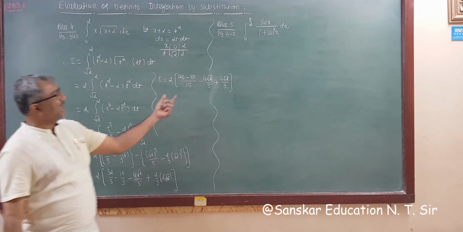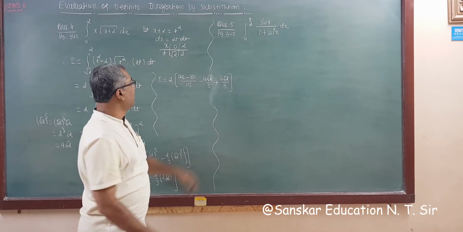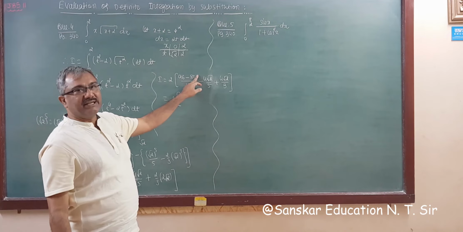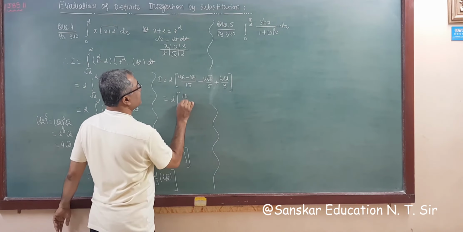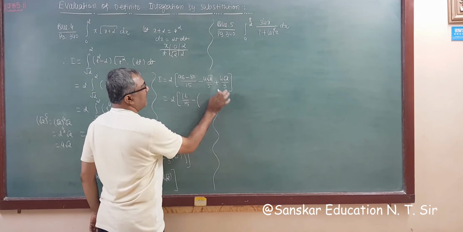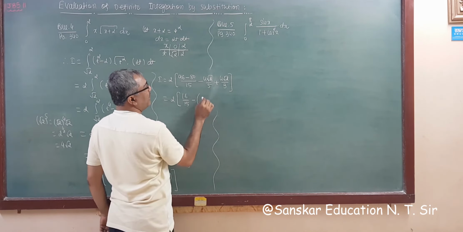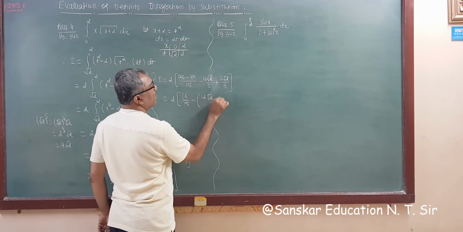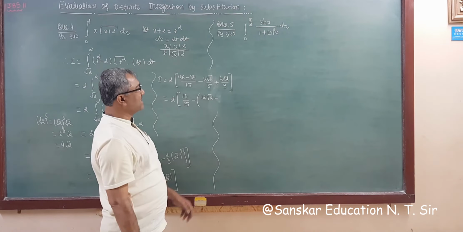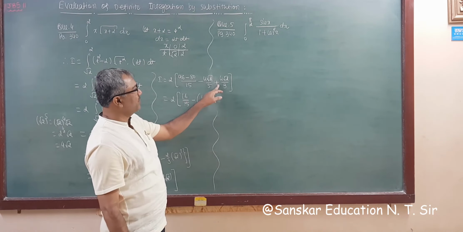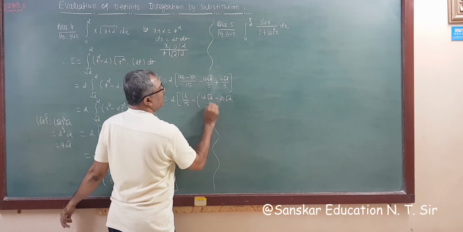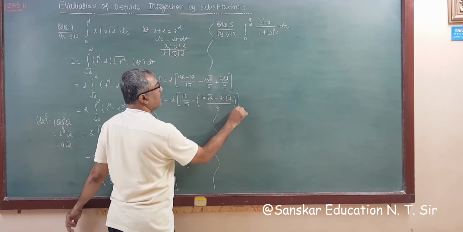Got it? So taking LCM of this also, what we get here? 2 times, 96 minus 80, that is 16 by 15. If we take minus common and then take LCM, then 4 into 3 is 12 root 2 plus 5 into 4 is 20 root 2, divided by LCM 15.